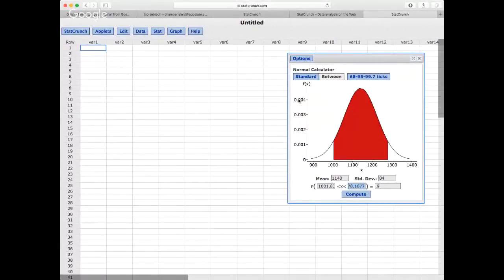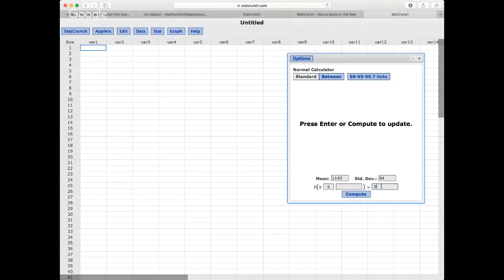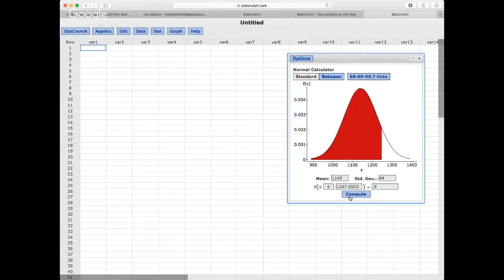If only 10% of cows weigh more than this, then this is equivalent to doing a standard with a 90th percentile, right? 10% above is 90% below. And if we compute, that number would be 1247.65.